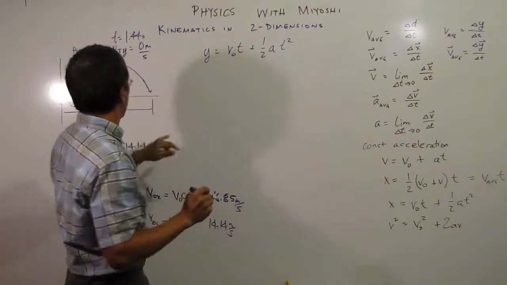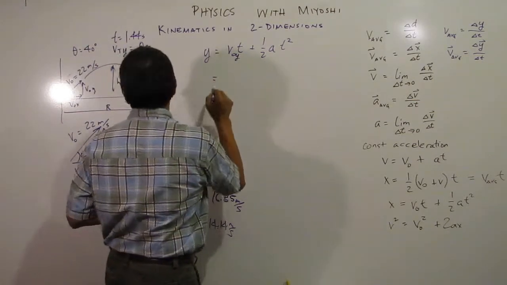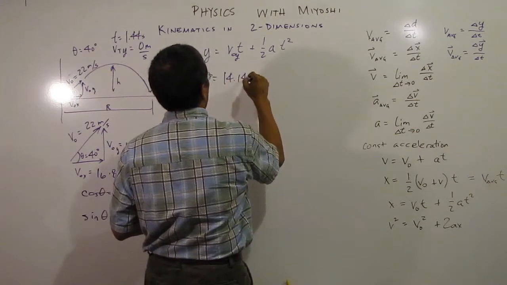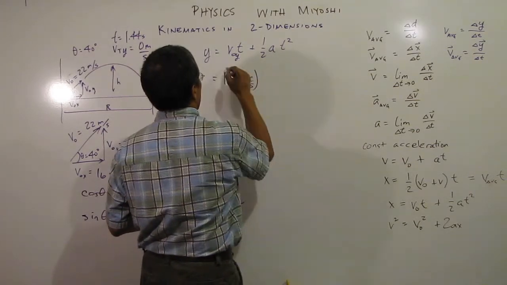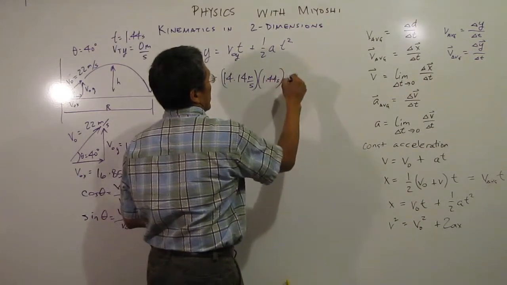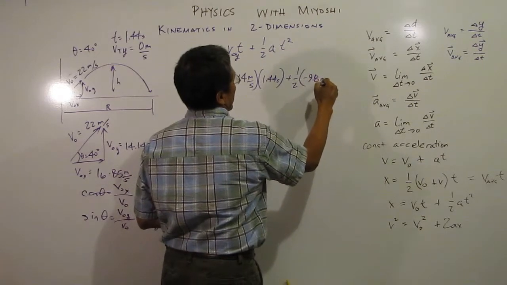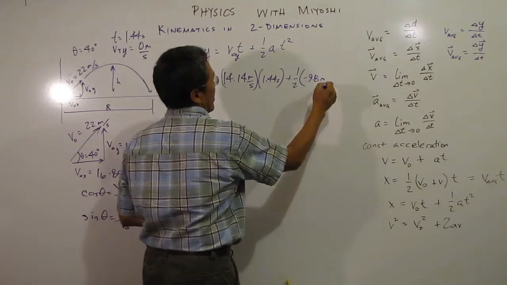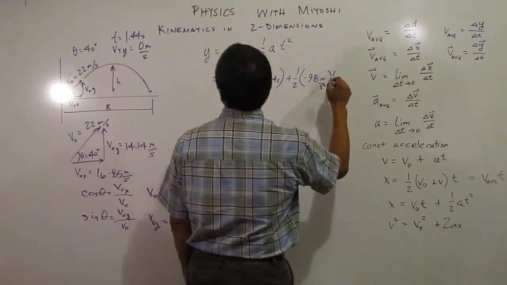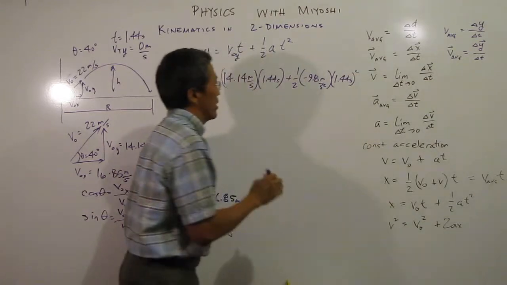In this case, for v0 I'll use v0y, which was 14.14 meters per second. My time is 1.44 plus 1/2 times negative 9.8 meters per second squared. That negative is very important here, and you'll see in a moment. Times my t, which is 1.44 seconds, quantity squared.